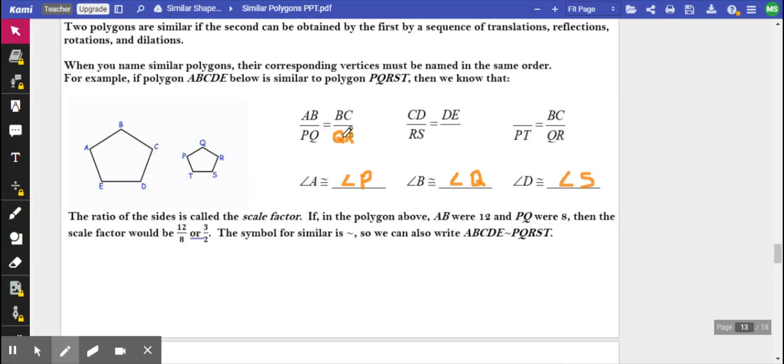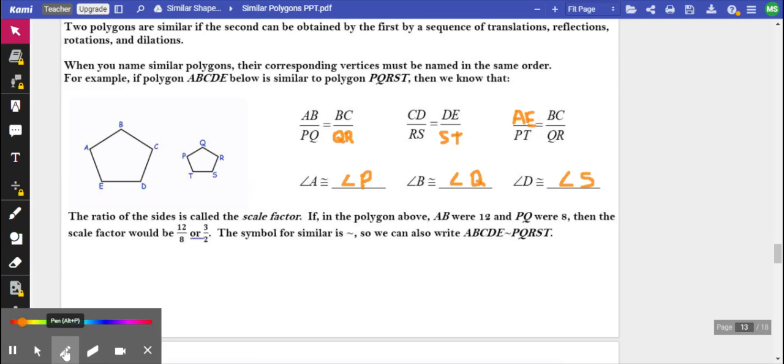So it'd be RS and ST. And then lastly, PT and AE would match each other.